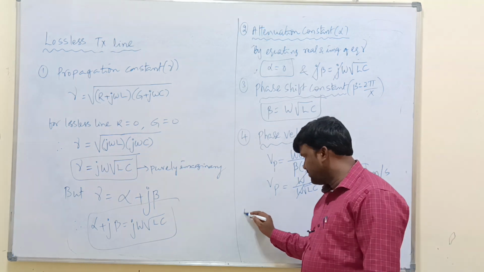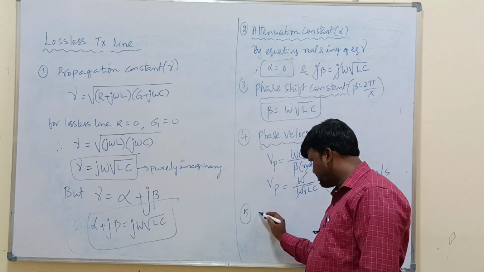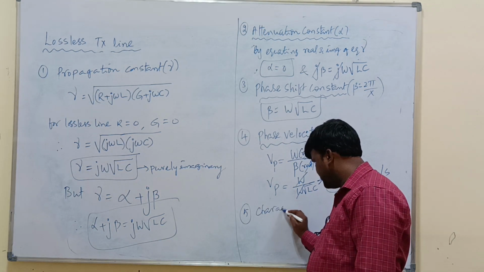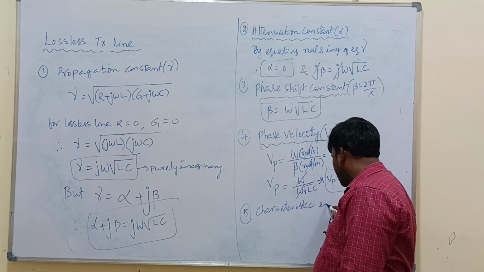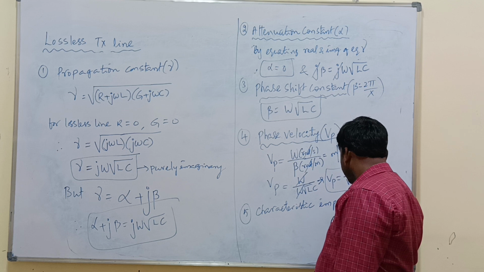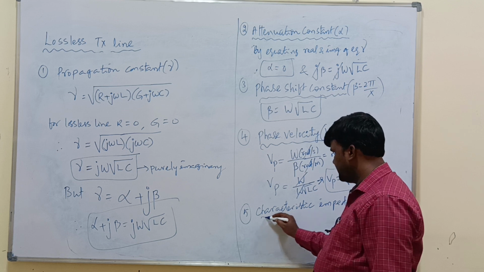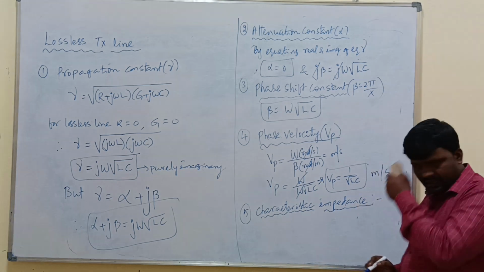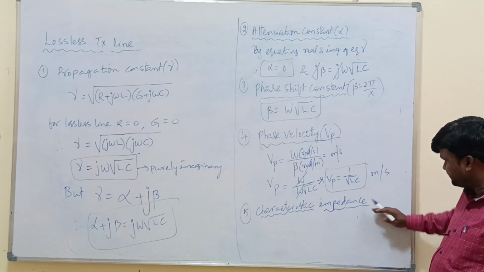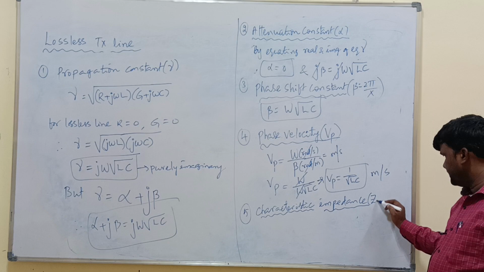And the fifth parameter is characteristic impedance, that is Z0.